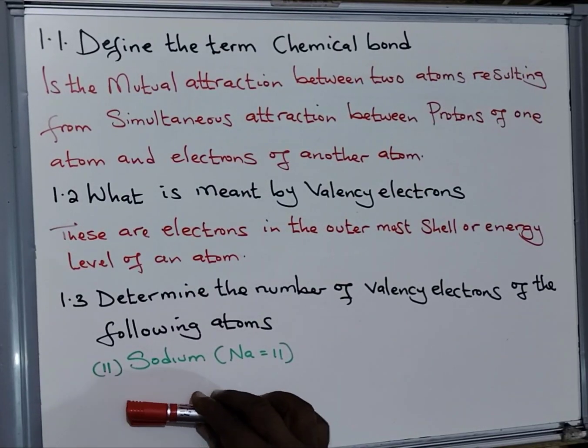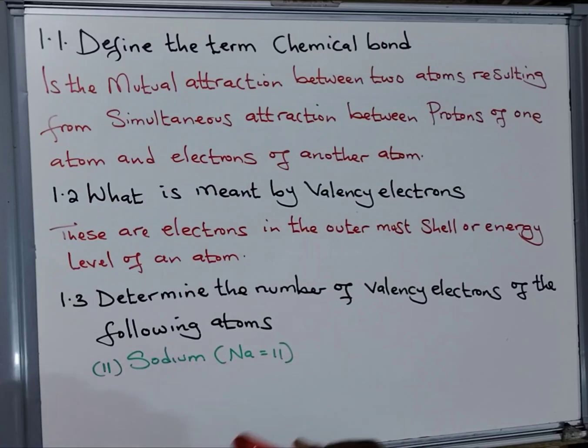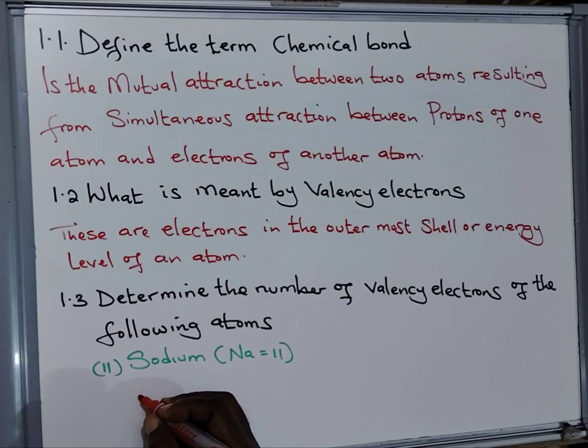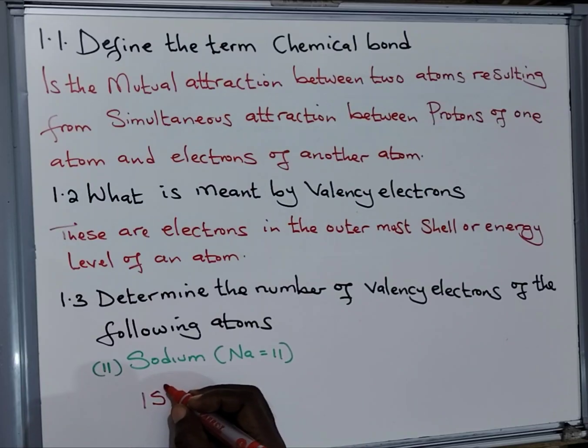Next is sodium with atomic number 11. How do you go about this one? You have to know that if you draw or write its electronic configuration, you say 1s, that's the first shell, taking up a maximum of 2.